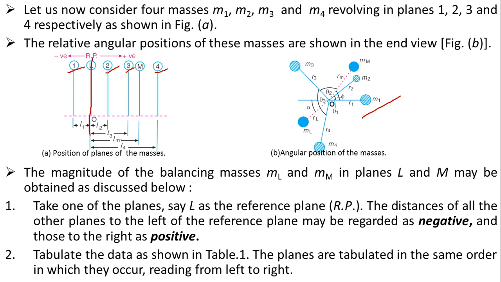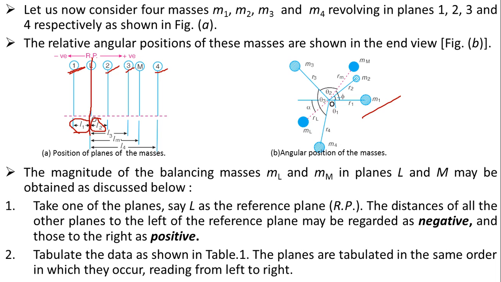And the distance is measured from this reference plane. So from the reference plane, the length to the first one is L1. Then similarly the distance of the second mass from the reference plane we consider as L2.